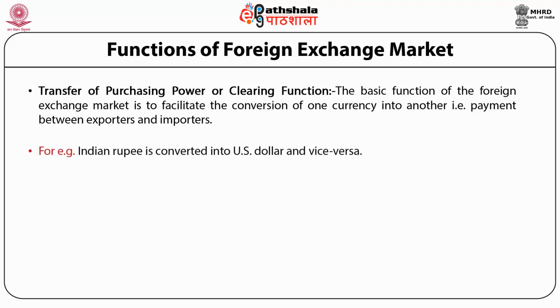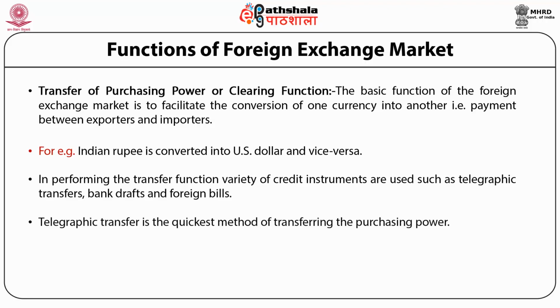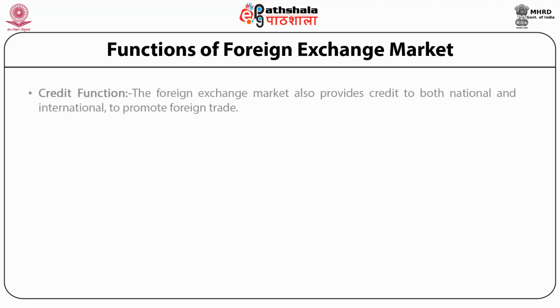For example, Indian rupees is converted into US dollar and vice versa. In performing the transfer function, a variety of credit instruments are used, such as telegraphic transfers, bank drafts, and foreign bills. Telegraphic transfer is the quickest method of transferring the purchasing power. Another function is credit function.